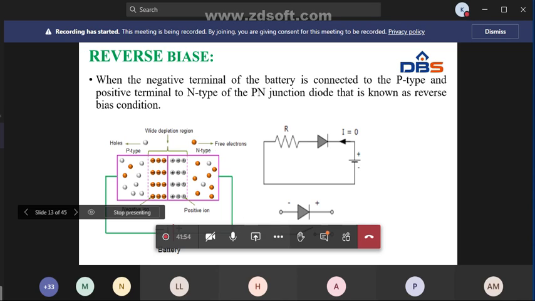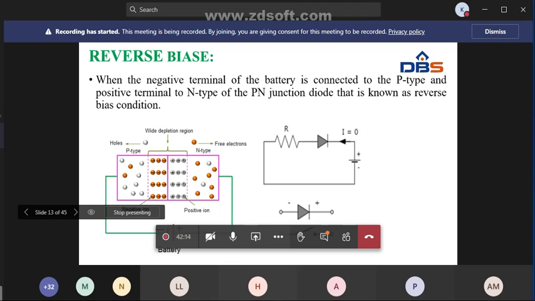So here the P-type has positive charge and the negative terminal has negative charge, right? So these two opposite charges attract each other.